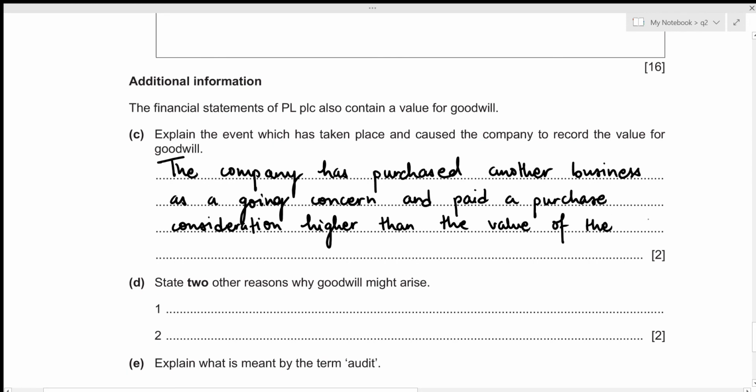Net assets is just the difference between the assets and liabilities taken over. Alright, this concludes the third part of this question. Now we can move towards the fourth one.